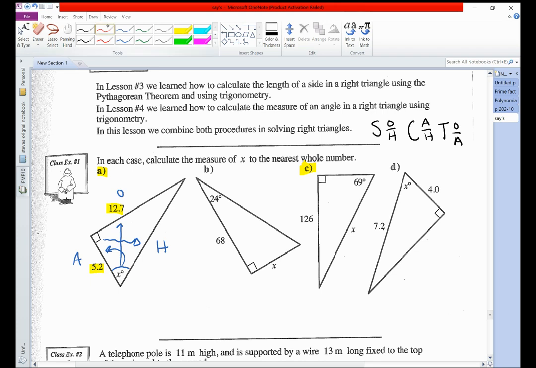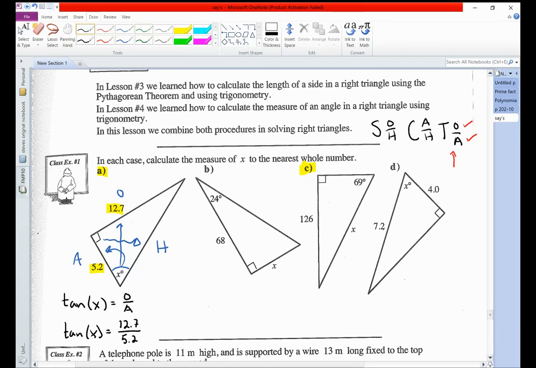If I'm looking for a trig ratio that has opposite and adjacent, it turns out to be my tan ratio. So I can say tan of x is equal to opposite over adjacent. Then I can fill out what I know. So tan of x is equal to my opposite being 12.7 and my adjacent being 5.2.